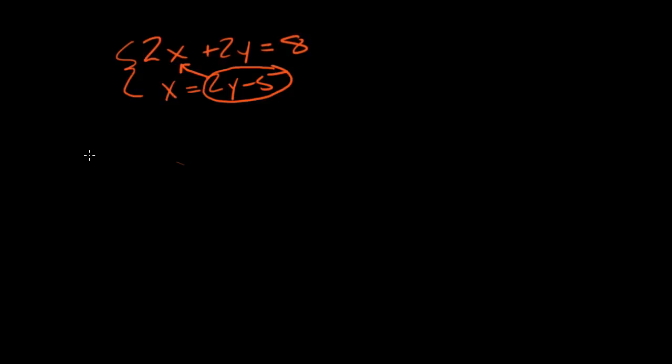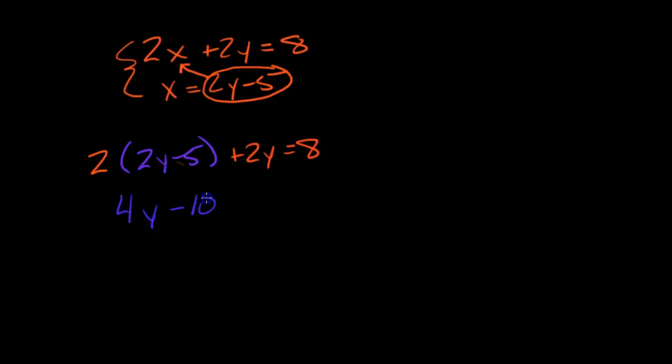So we write 2 times 2y minus 5 plus 2y is equal to 8. So I took 2y minus 5 and I put it where I saw the x. Now we're going to do the distributive property here. We'll get 4y minus 10 plus 2y is equal to 8.